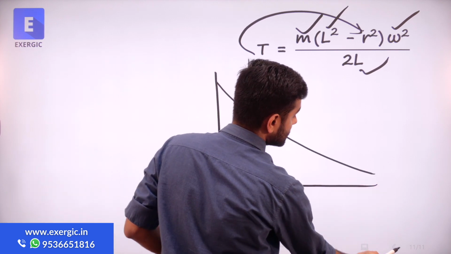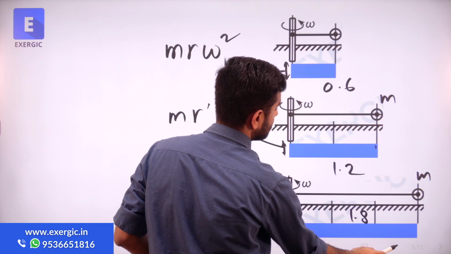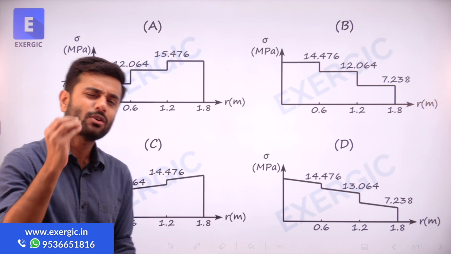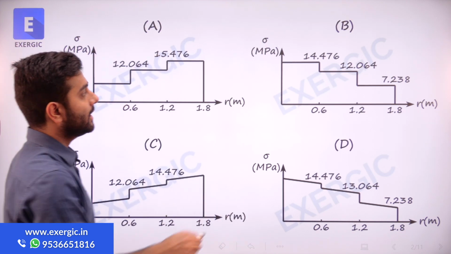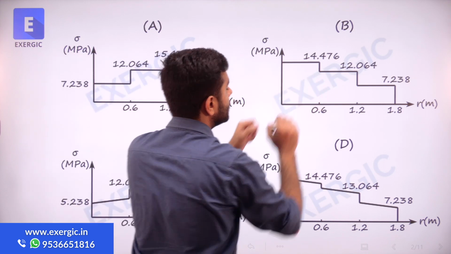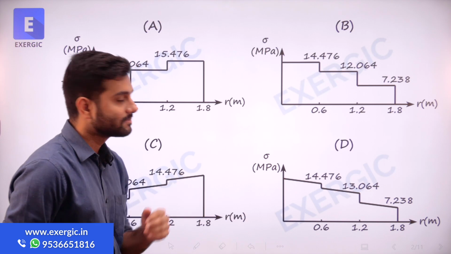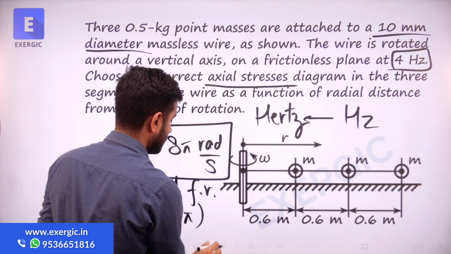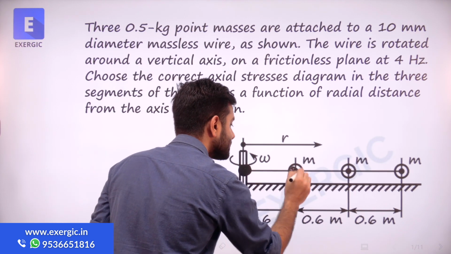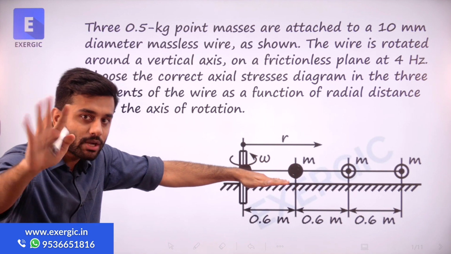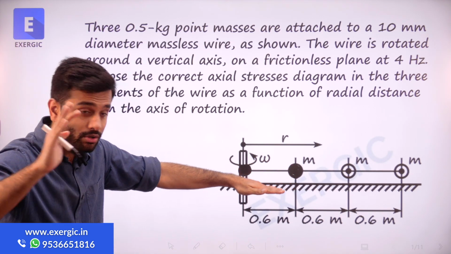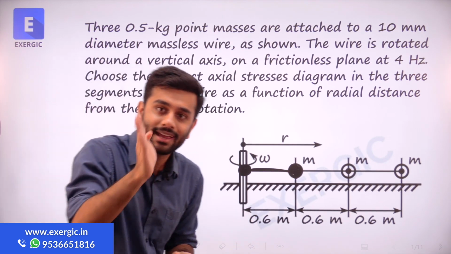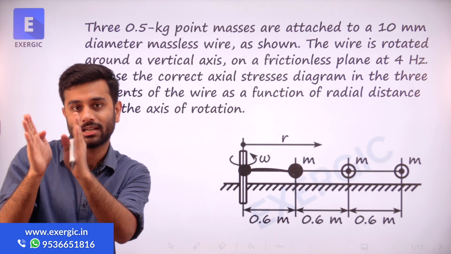So here, among the options that we have, if the question gave us, suppose, the mass of the wire also, then the variation is going to be slightly different from this. What will be the difference? Between these sections, between this point and this point, the value is not going to be constant, because between these points mass of the wire exists, and the mass between the center and the section varies at every section.